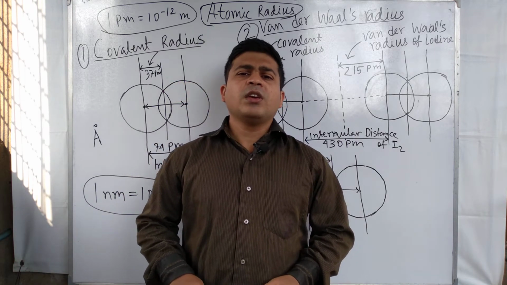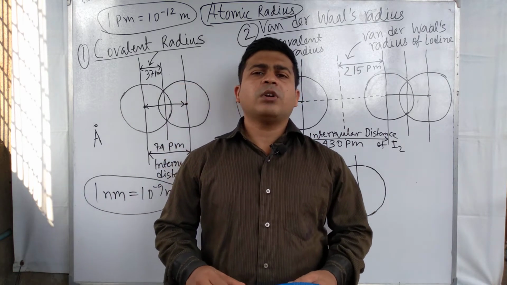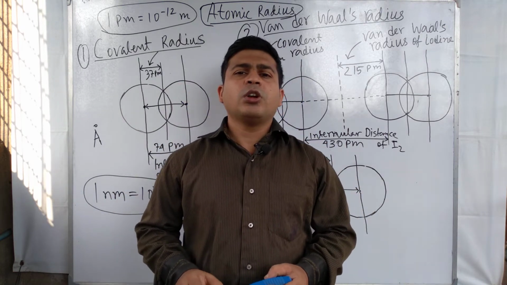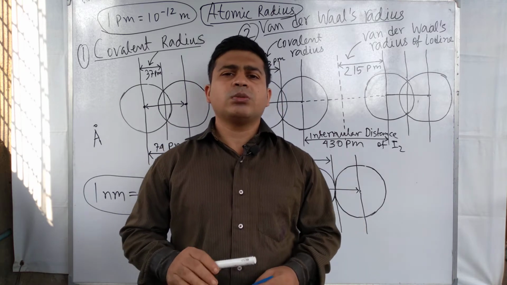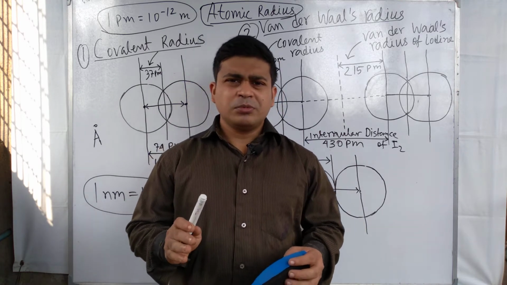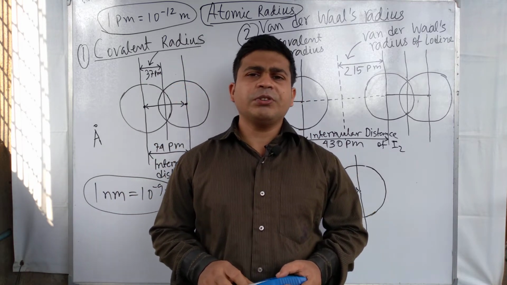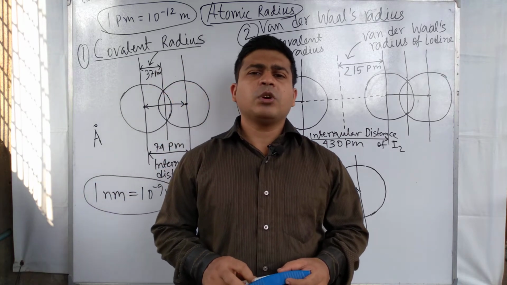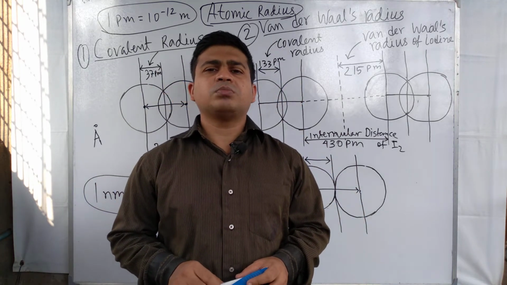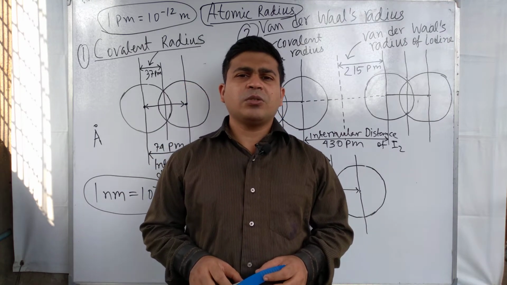The third reason is that when an atom is bonded with other atoms, it is impossible to determine the outermost shell, and then the radius cannot be calculated exactly. So there are some difficulties in the measurement of atomic radius.